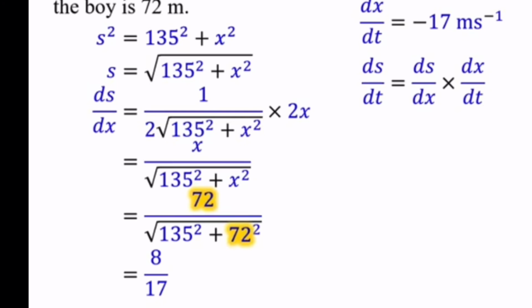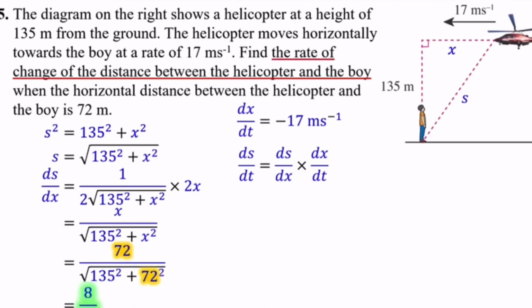Then we can use it to substitute into ds/dt, right? So ds/dt is ds/dx, which is 8 over 17, multiplied by negative 17 meters per second, which we obtain from the question.